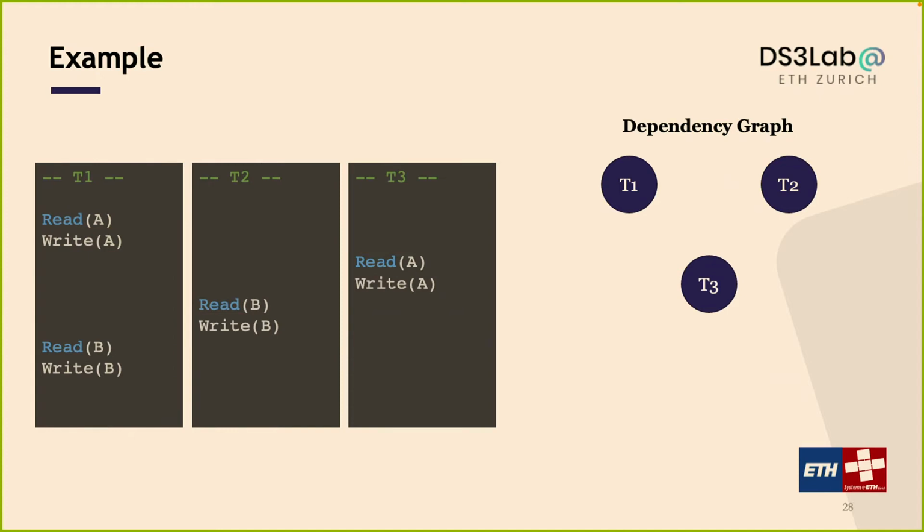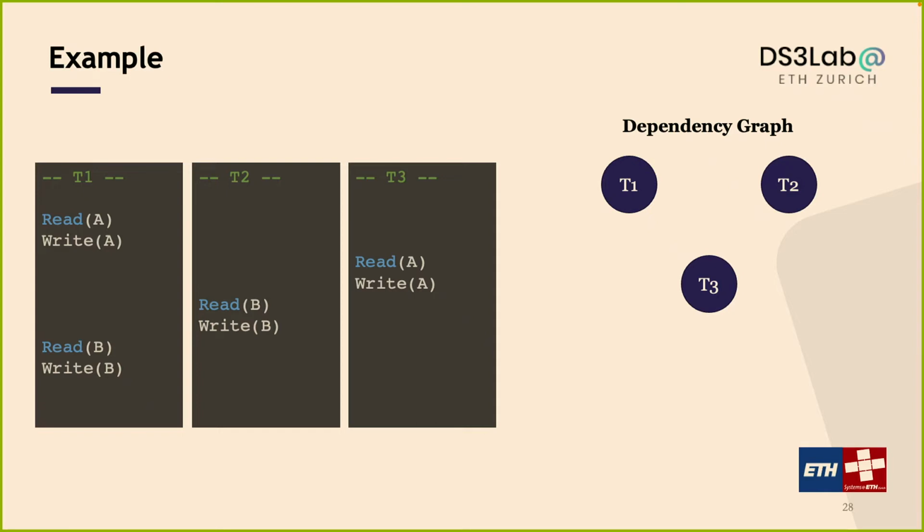This allows you to deal with multiple transactions. Let's look at this. You have three different transactions and this very specific schedule. In the dependency graph, you are going to have three nodes, each transaction becoming a node.